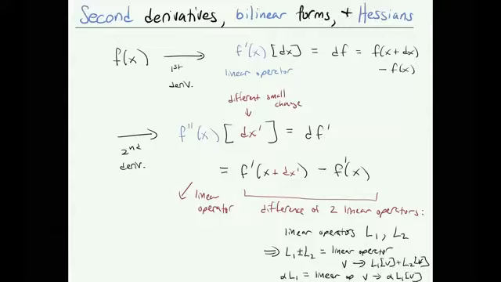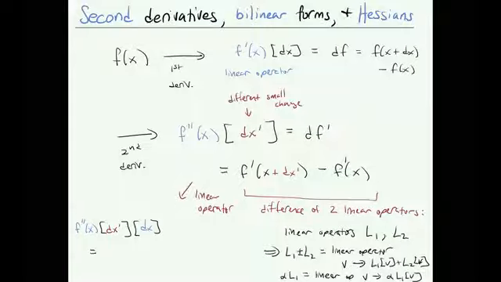So this is a linear operator that we can call f double prime of x. It takes in a dx prime, and it takes in another input, which we can write as dx.